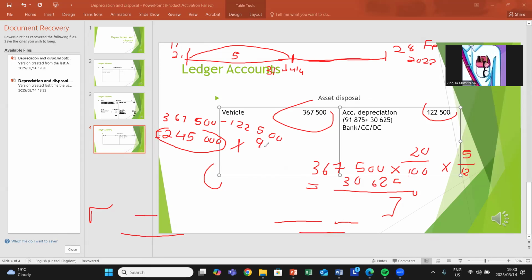We'll say carrying value multiplied by 90% to get the amount that the insurance paid us. 245,000 times 90%, so how much? It's 220,500.